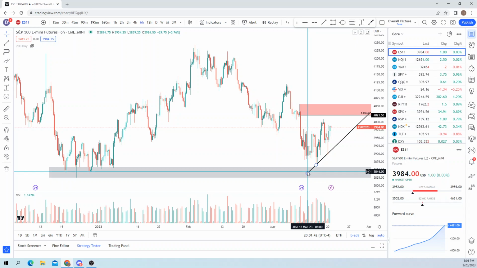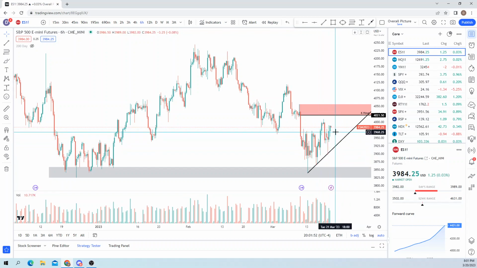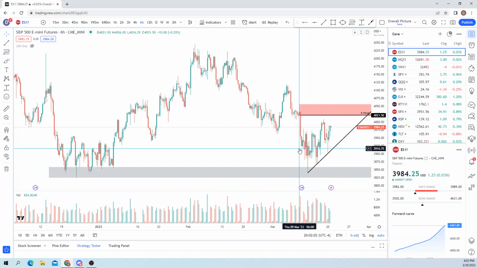And the last low was at 3839.25. So if this trend line breaches on both ES and NQ, I would expect the S&P to fall down to that 3840 to 3815 region.